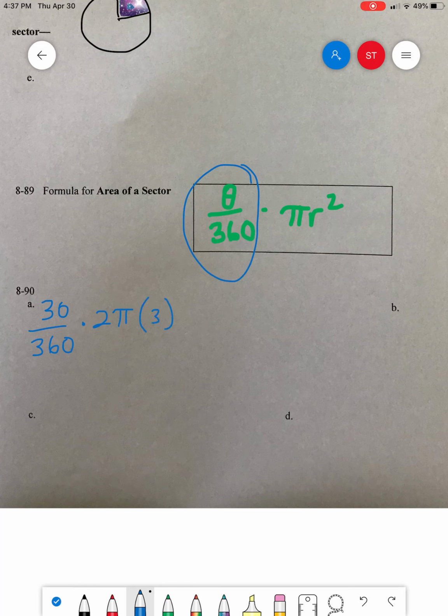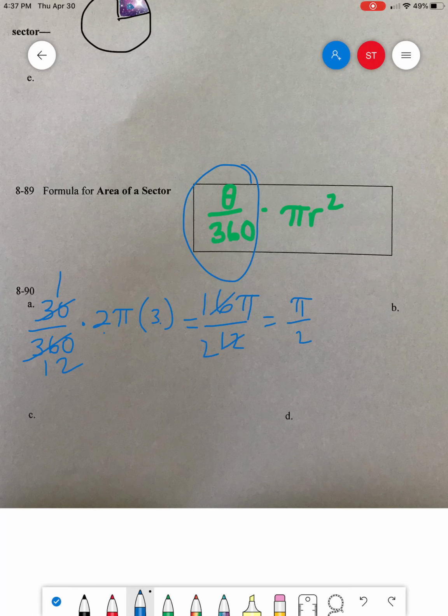Can you see that 30 goes in once, goes in 12 times? And then 2 times 3 is 6. So we're left with 6 pi over 12, but that reduces to pi over 2. 6 goes in once, 6 goes in twice.